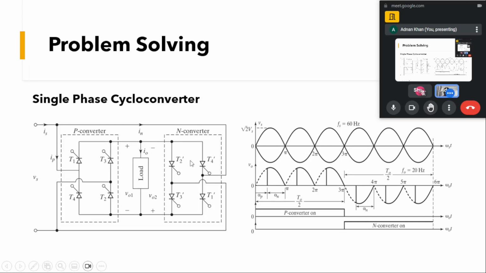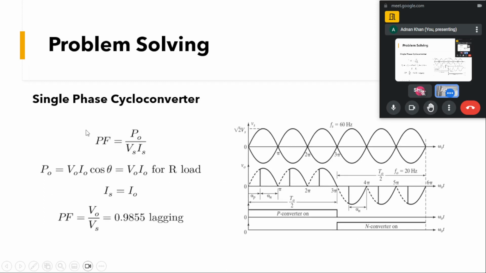The concept is similar to the previous one. We will have the p type and n type converter. P will be conducting during the positive half, and n will be conducting during the negative half. The power factor is given by P out by Ps, which is Vs into Is.